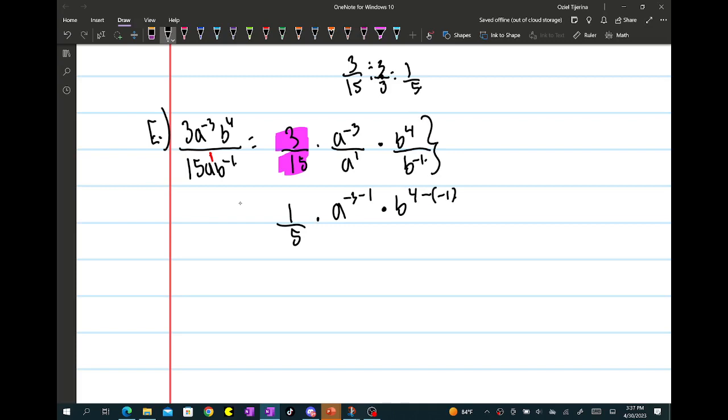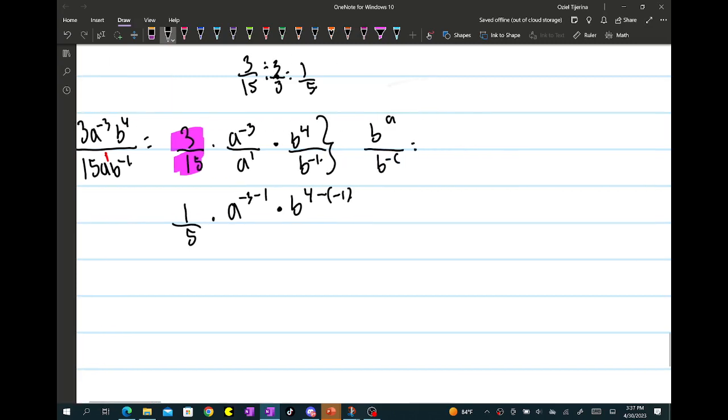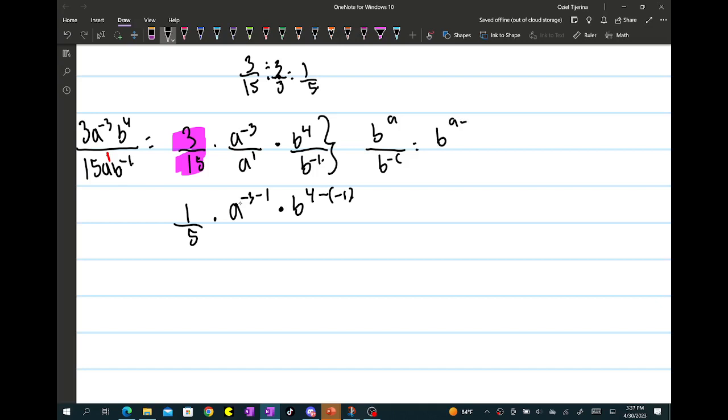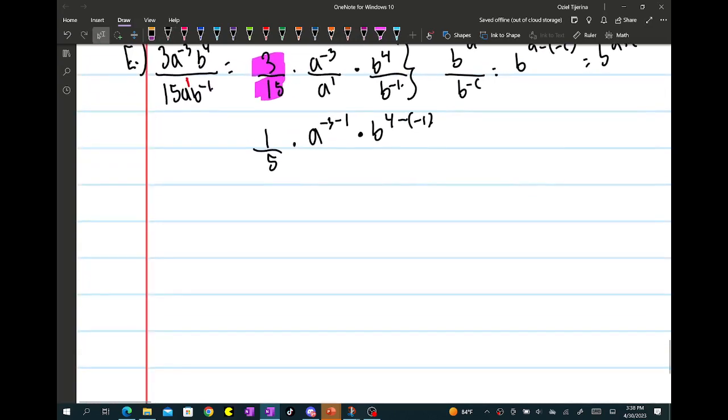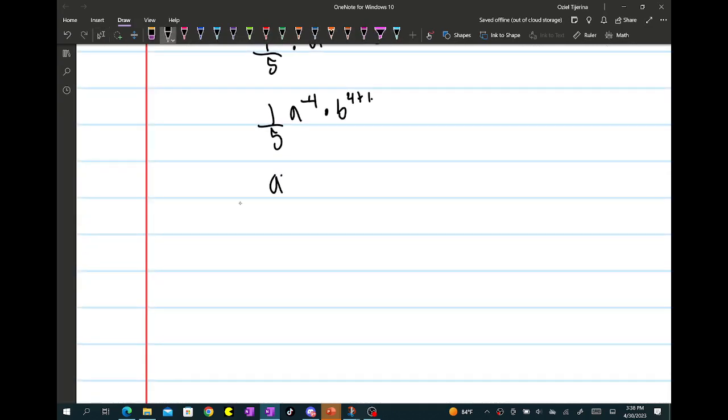You have to be careful with this. b to the a over b to the negative c is b to the a minus negative c, which is b to the a plus c. So this is 1 over 5 a to the negative 4 times b to the 4 plus 1, which is a to the negative 4 over 5 times b to the 5th power.